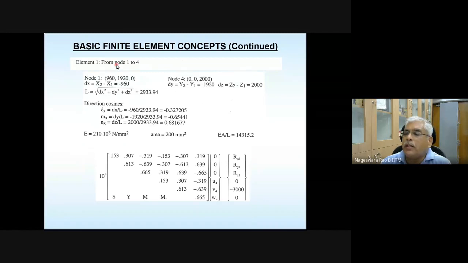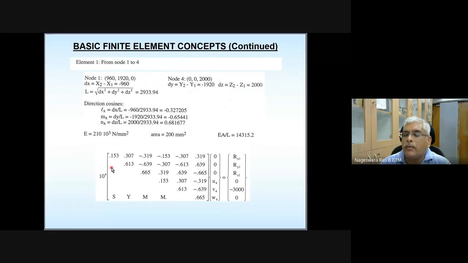For element 1, the local node 1 and local node 2 are noted here. For calculating Lx, Mx, Nx, all the details are calculated, and Lx, Mx, Nx are obtained. And then here you can see EA over L is calculated, and all the components are calculated.